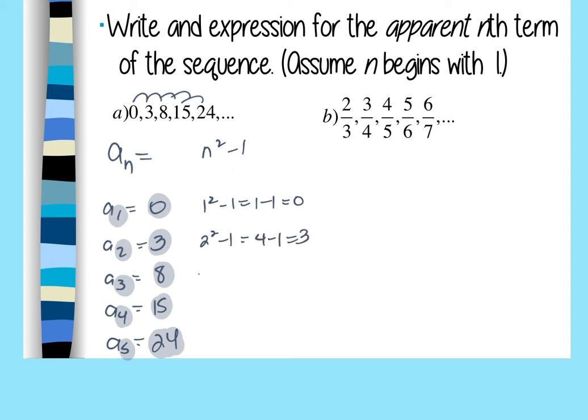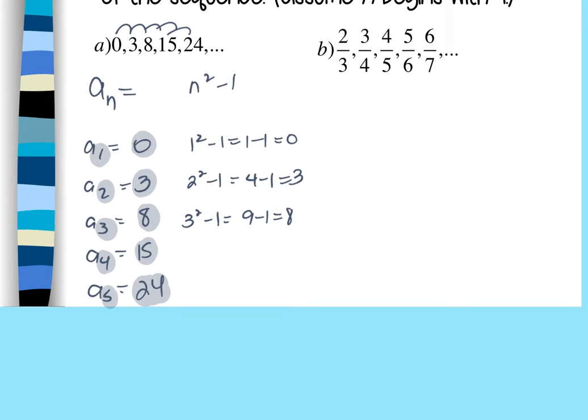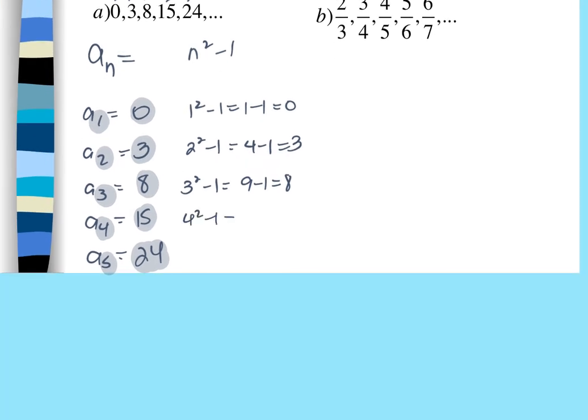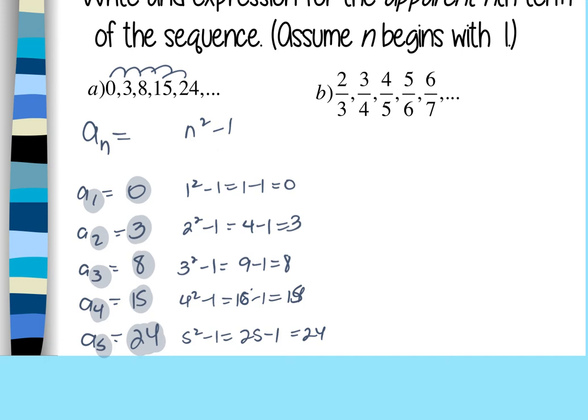Still working. 3 squared minus 1. That's 9 minus 1, which is 8. 4 squared minus 1. 16 minus 1, which is 15. And 5 squared minus 1, 25 minus 1, which is 24. So it works for all of them. Good job. Okay. Sometimes there is more than one answer. I think for that one there's not, but there sometimes could be more than one answer.